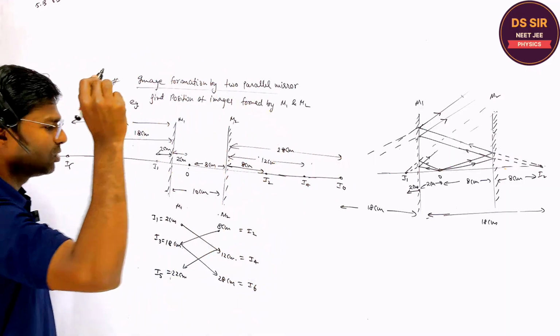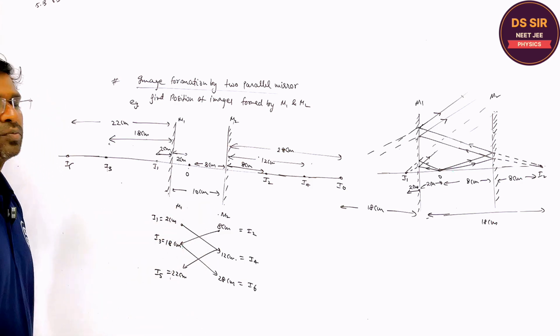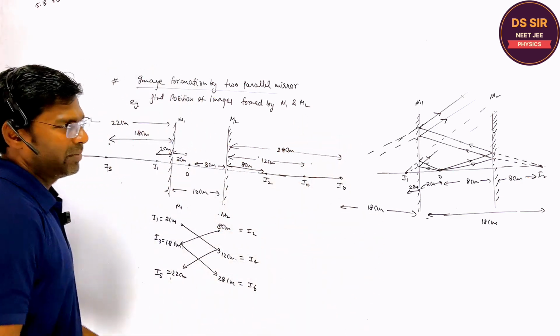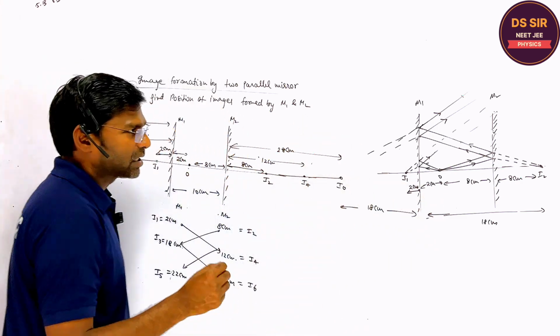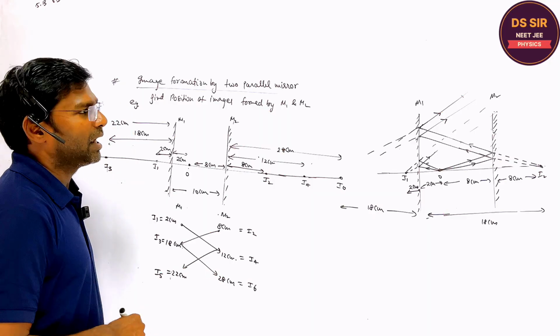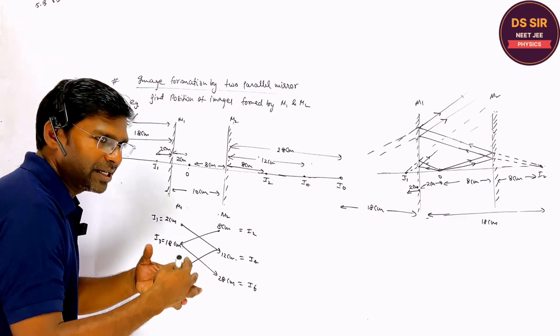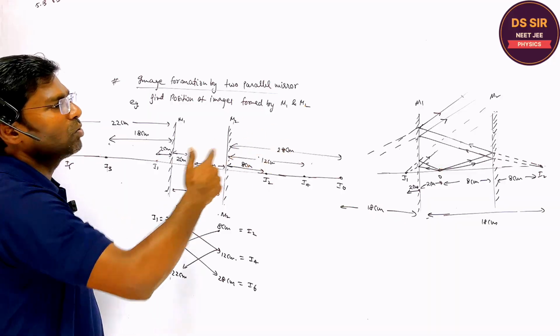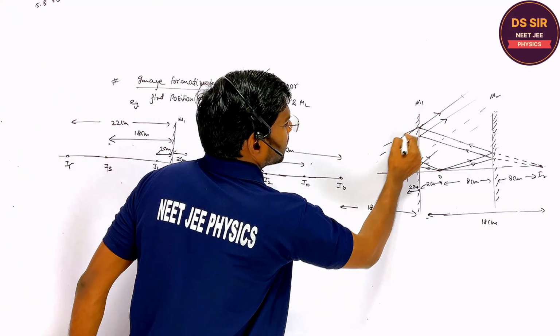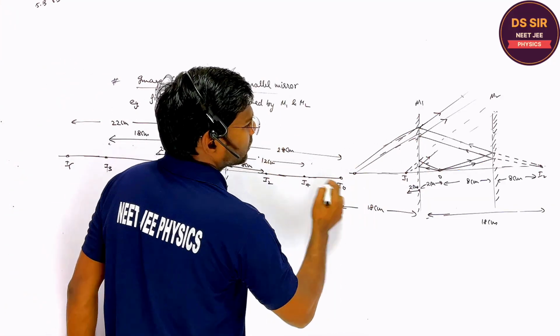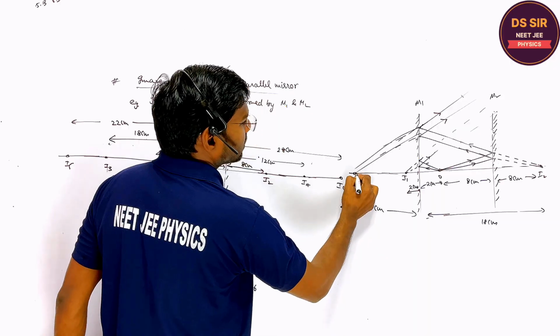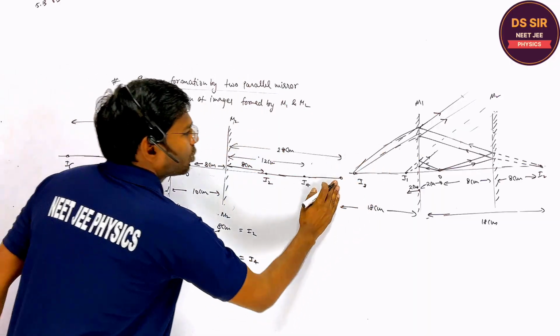You understand or not? So this is the shortcut. Although you can also make it by the ray diagram, it looks very tough. But at least you must understand how the light rays are incident and reflecting, and how they are forming the final image like this, I1, I2, I3, right? Understood? Copy this.